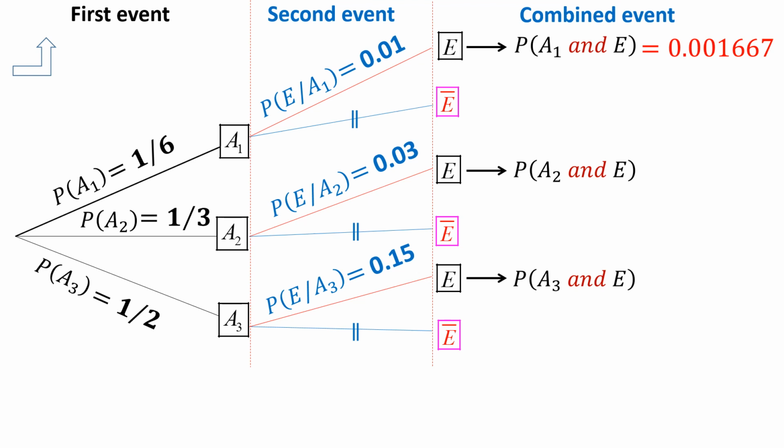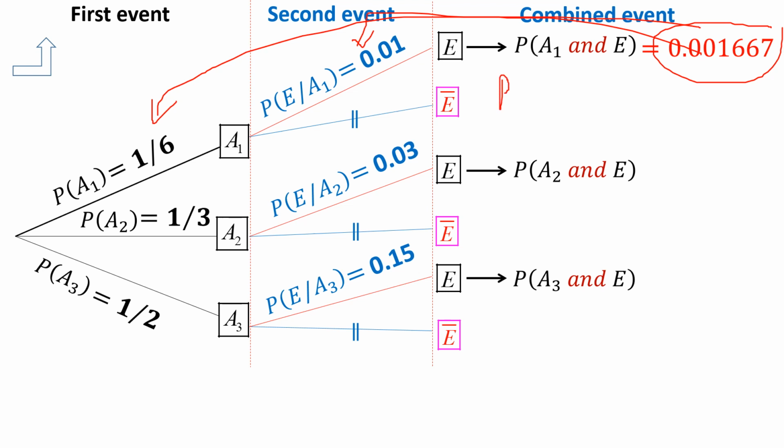So let's understand from where this figure has come. This figure has come by multiplying 1 by 6 and 0.01. By multiplying these two, we get P(A1 and E), so here we can add this formula, P(A1) multiplied by P(E given A1).